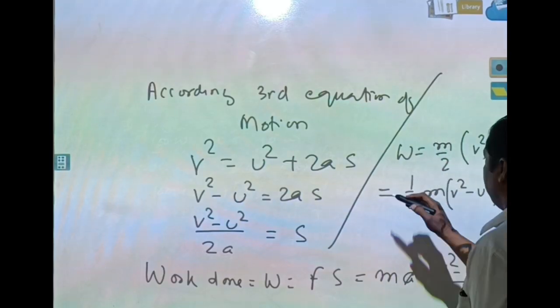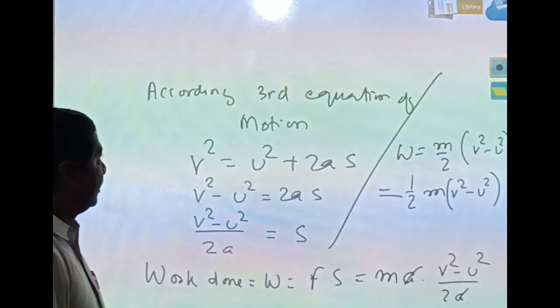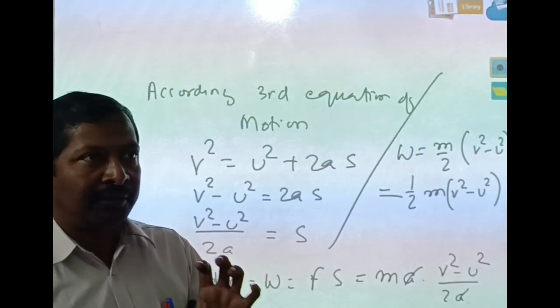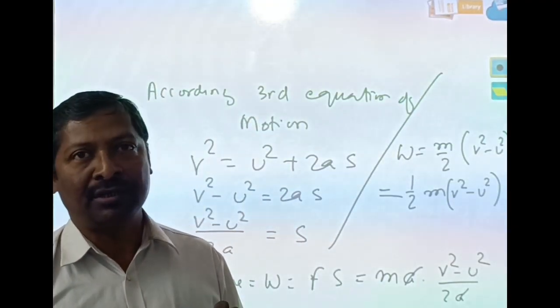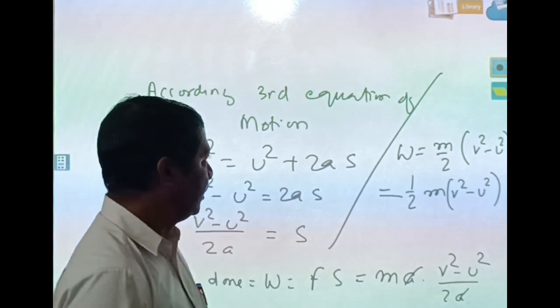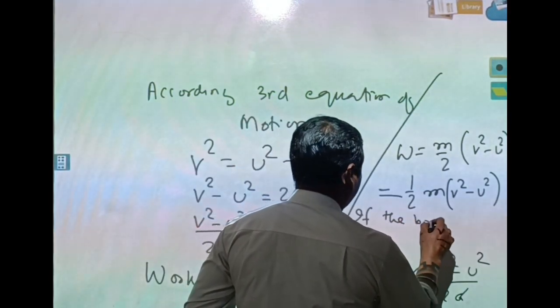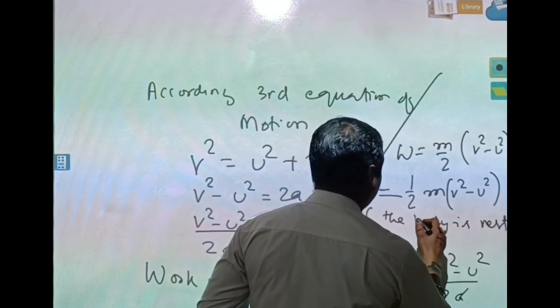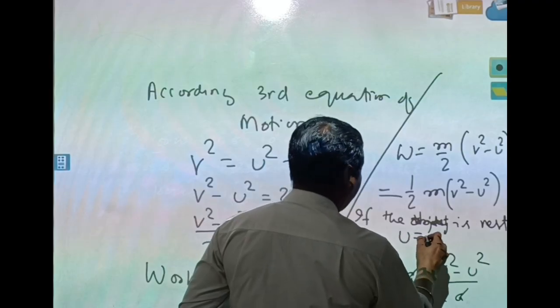This is the kinetic energy. Suppose the body is at rest. In the starting, the body is at rest. In that case, the initial velocity u will be 0. If the object is at rest, u will be 0.